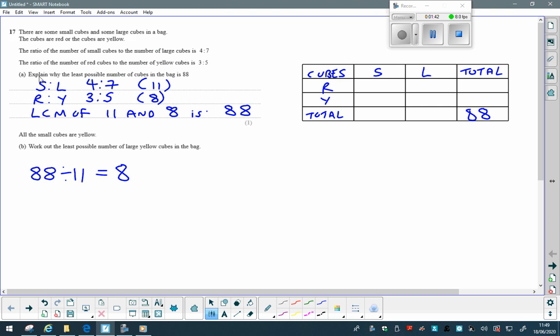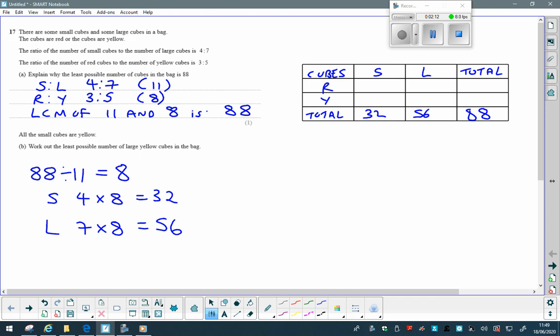And so in relation to small cubes to large cubes, that's 4 times 8 and 7 times 8, which is 32 and 56. So we've got 32 small cubes and we've got 56 large cubes, and that adds up to 88.